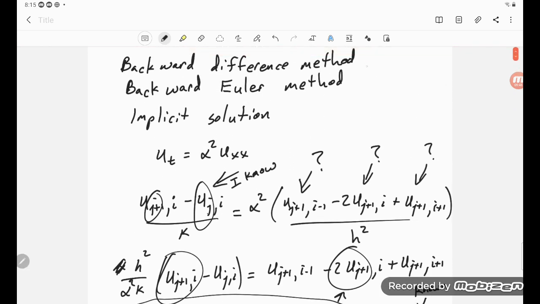And so this is either the backward difference or backward Euler method, what we would call an implicit solution instead of an explicit solution. Okay, so that's a backward difference. That's not what we're going to implement, and we'll talk about why in the next video.